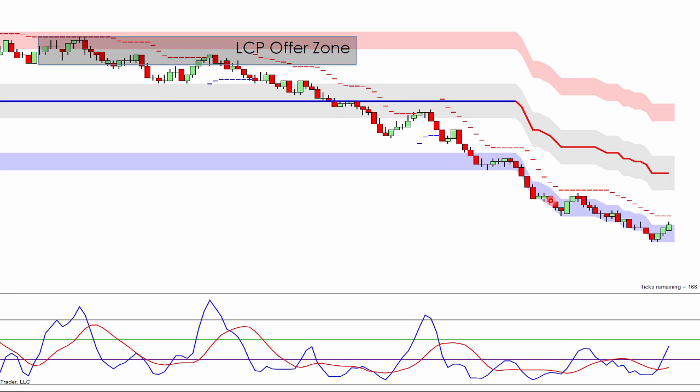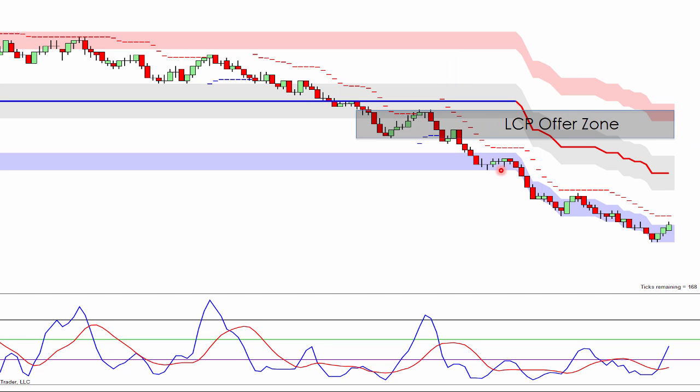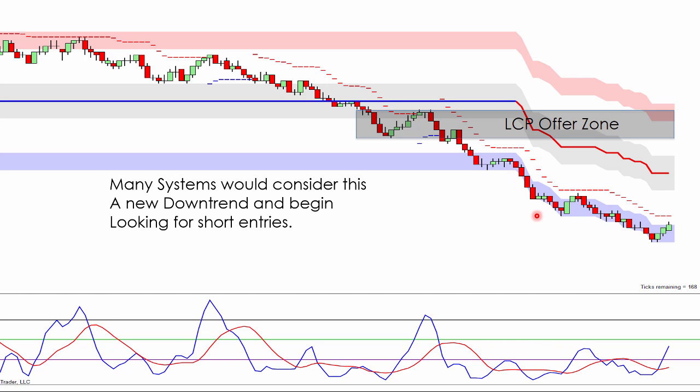My bid zone's taken out, so it goes away. I get a fresh offer zone right here, so my prior offer zone goes away. As price moves down, price puts in another offer zone right here. So I can delete the prior offer zone. And so I am waiting for my price pattern.